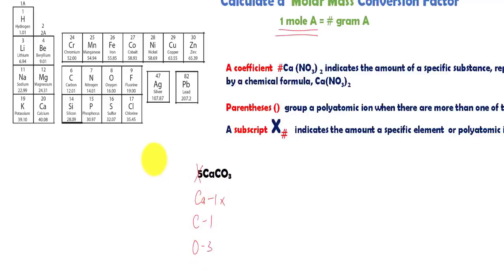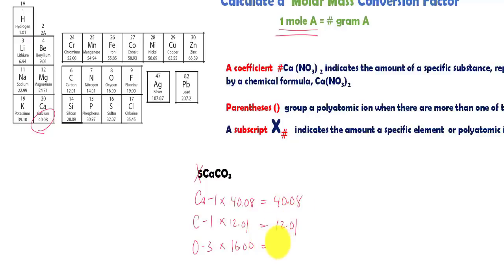Then we find the mass of calcium on the periodic table, 40.08. Carbon is 12.01. And oxygen is 16.00. And let's calculate the total mass. So here we have calcium. The total mass of calcium in this substance is 40.08. For carbon it is 12.01.